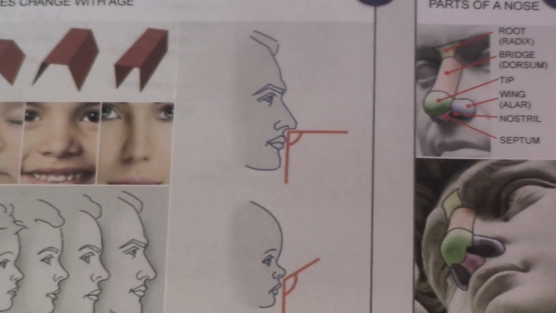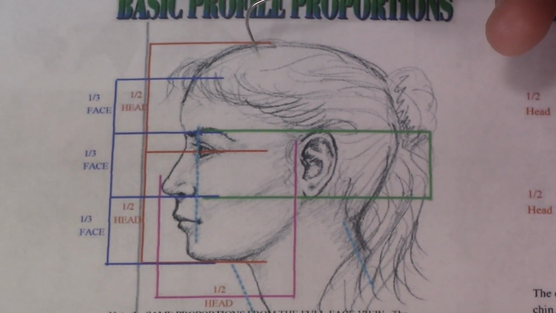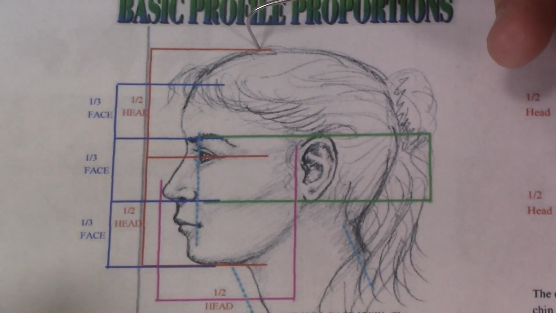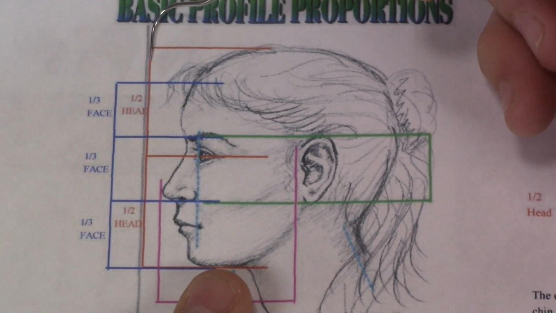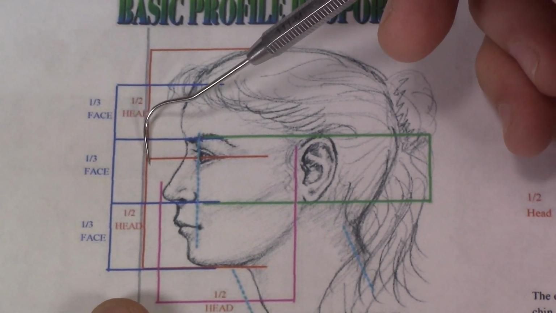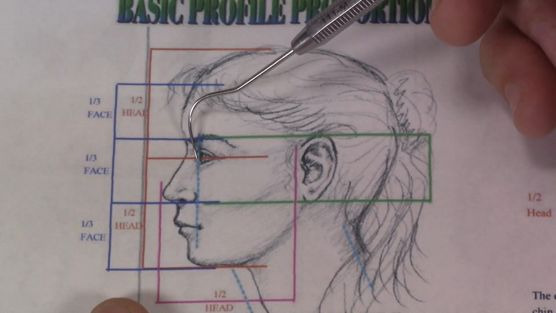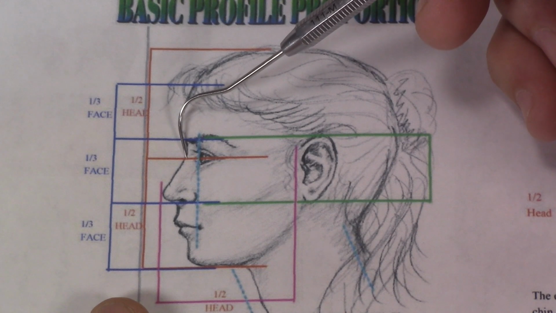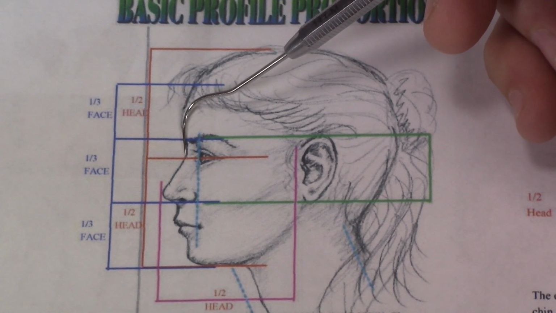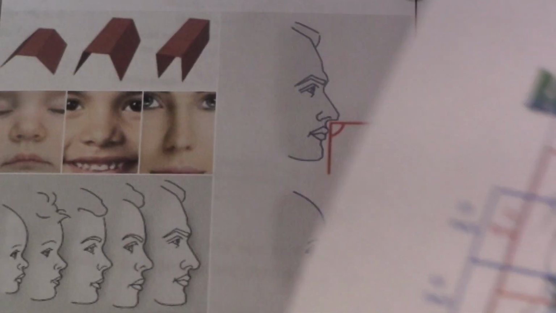If you take your head from the top of your head to the end of your chin, this is the red line here, and you split it in half, you're gonna find exactly the center of the eye. And this is also the beginning of the nose, right here. Okay?